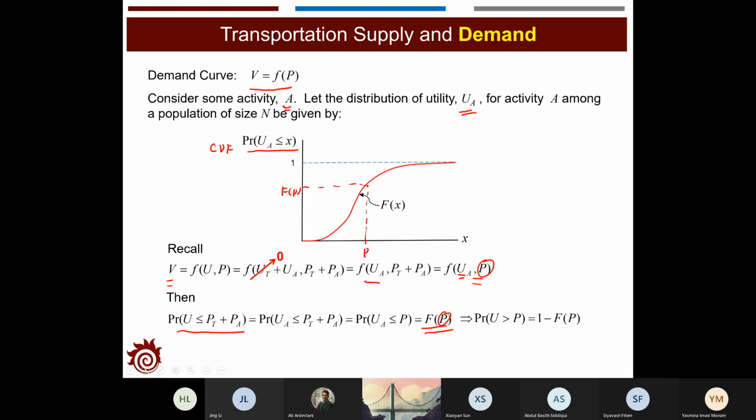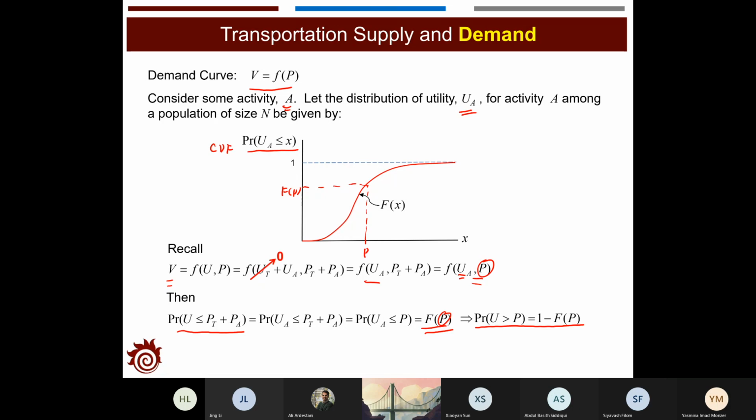And of course, once you are provided with this probability, you can then find out the probability that the utility is higher than the cost. That is 1 minus FP. So this is the one where we have the higher utility.